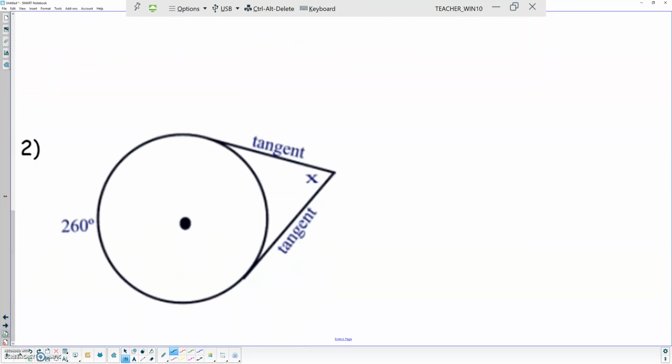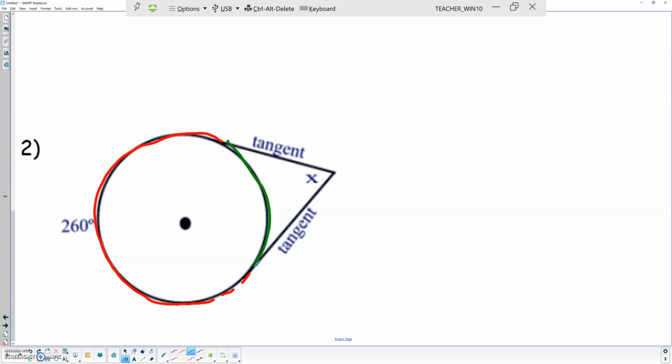In the second one, this is an example where we have two tangents. Again, a tangent is a line that intersects the circle at only one point. We know that this entire far arc is 260 degrees. We don't have the near arc, but we can easily obtain it.